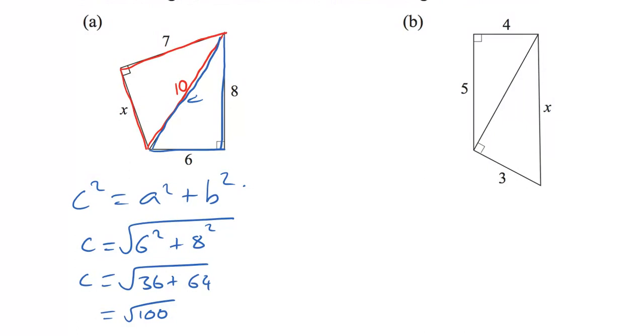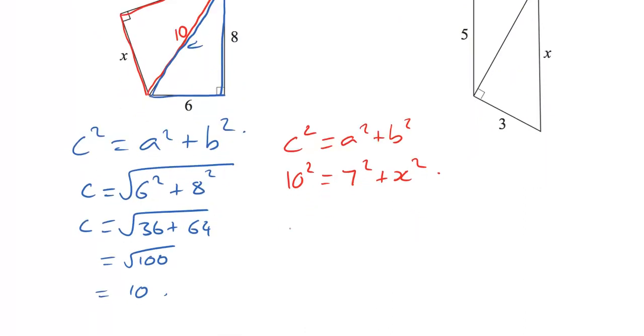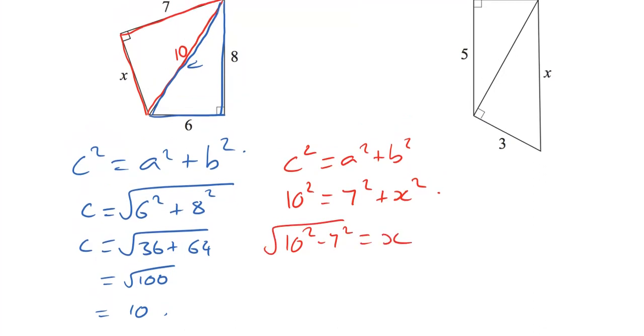If I'm thinking of that red triangle, let's write it out again. C squared equals A squared plus B squared. We know the hypotenuse, so we know that C is 10. So C squared equals 7 squared plus x squared, which means 10 squared minus 7 squared, square rooted, is going to give us the value we're trying to find.